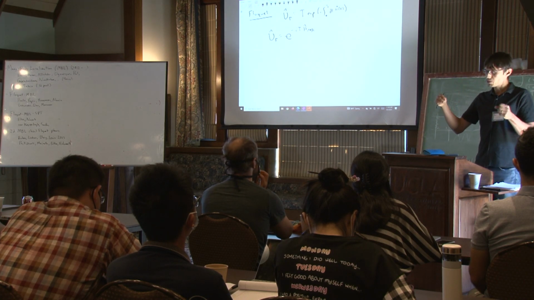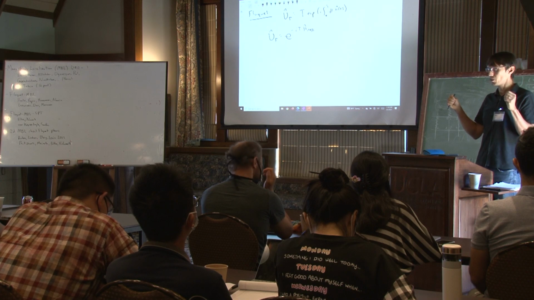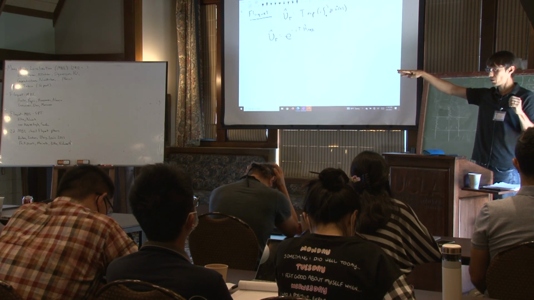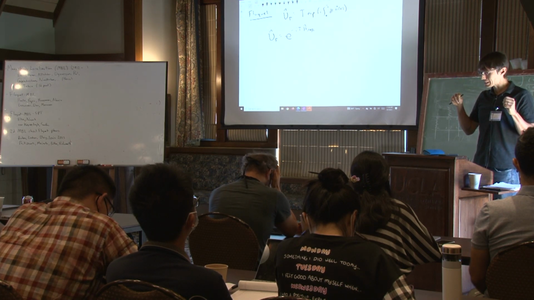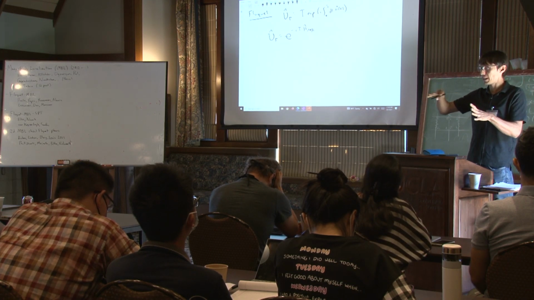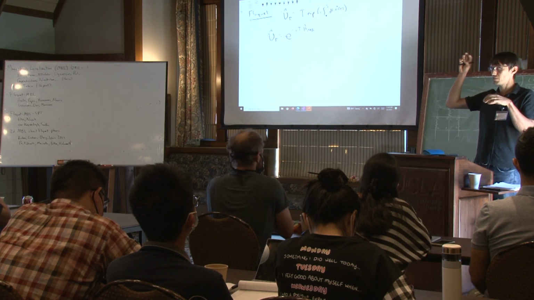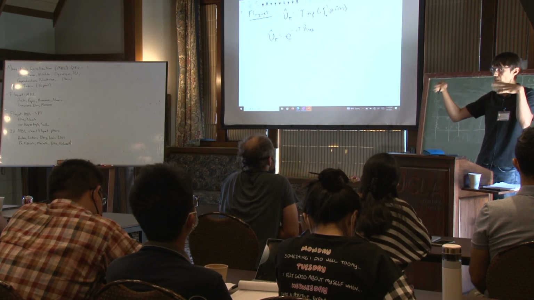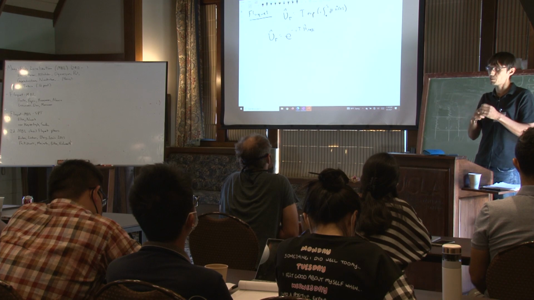So if you turn on some kind of perturbation to this translationally invariant toric code, your ground state will still have topological order. That's protected by the gap, but in the excited state spectrum, all hell might break loose. In general, you expect this ETH property.